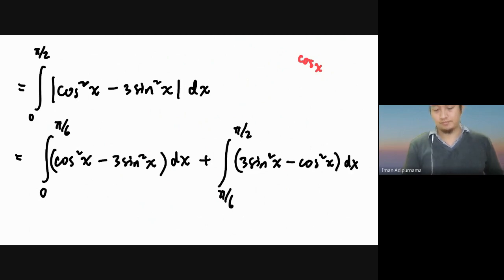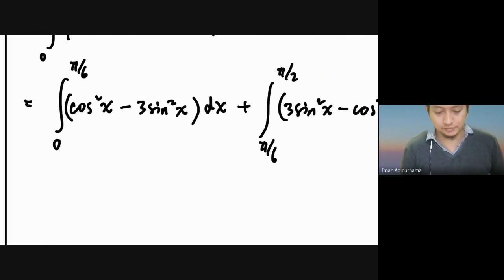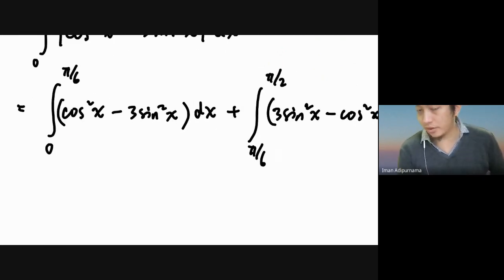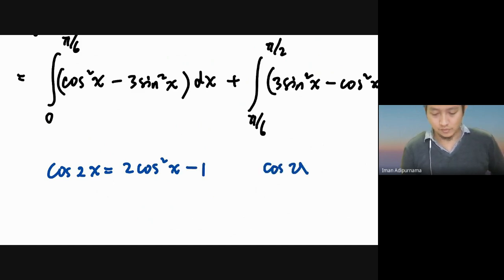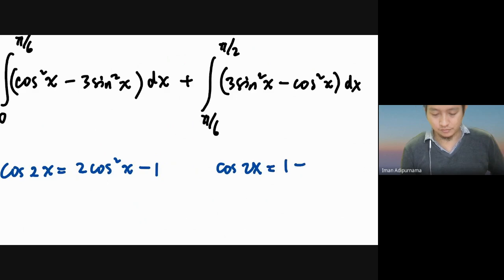Okay. And then we can solve this. Every time you see any cos squared or sine squared, we are going to use the half-angle identities.